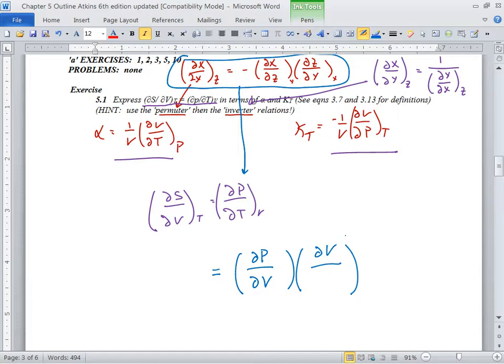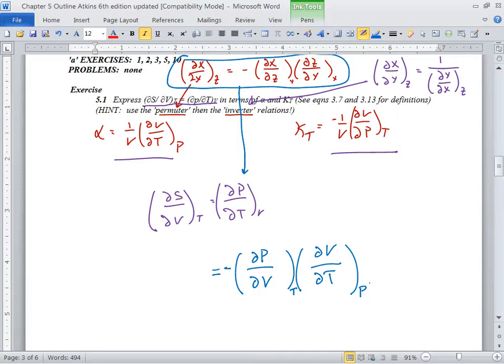What goes on the bottom? dt. That's negative in front, right? Yeah, I forgot the negative. Thank you. And the partial of p with respect to v, I have my t, v, t, p. That's the one that's missing.